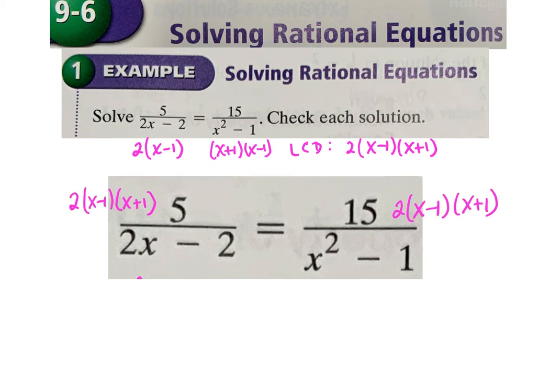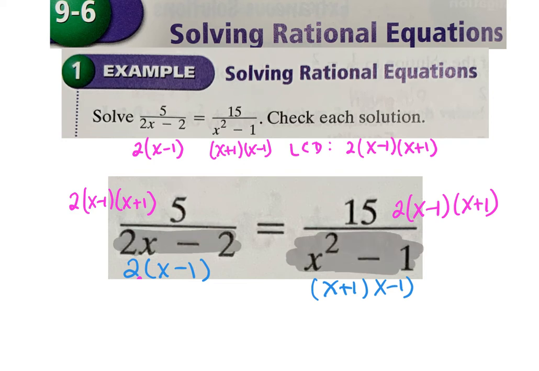Now, it's easier to see if you have the denominator factored. So just go ahead and factor so that you can just look at the factoring.